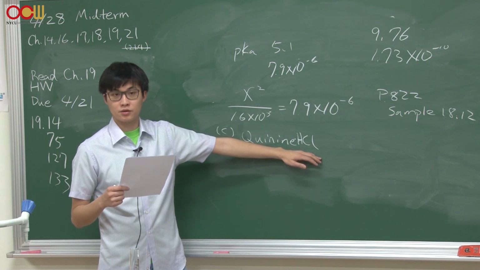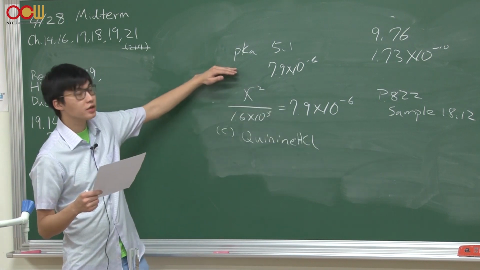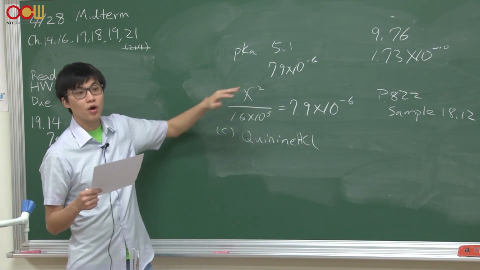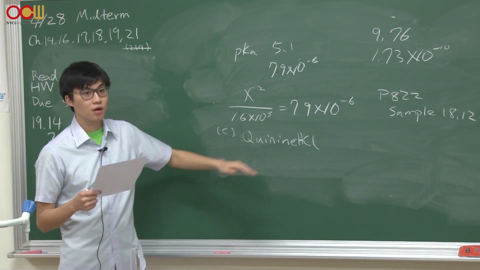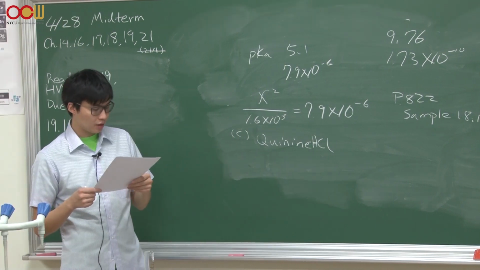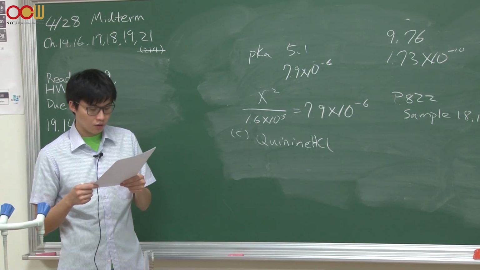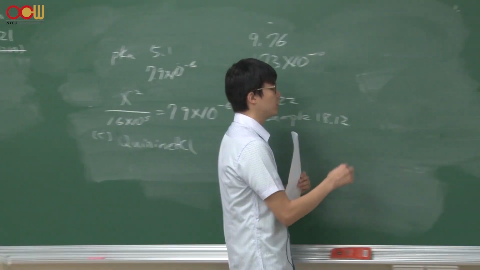This is a good way to check your answer. If you're getting a weird value that is super basic, that's not going to be right. And from the previous calculation, you already know what range of pH you will get. When you're adding a salt, you probably will be expecting an acidic solution. I'm going to stop here and let's think about what the pH value of this solution is. So we talk about ammonia.